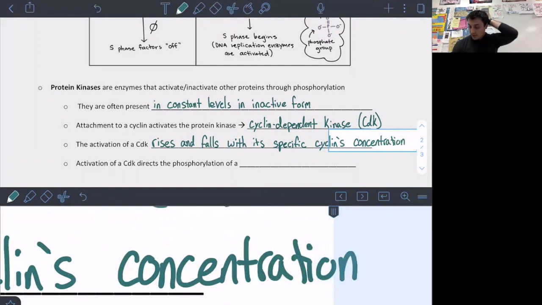So the activation of CDKs will rise and fall with its specific cyclin's concentration.